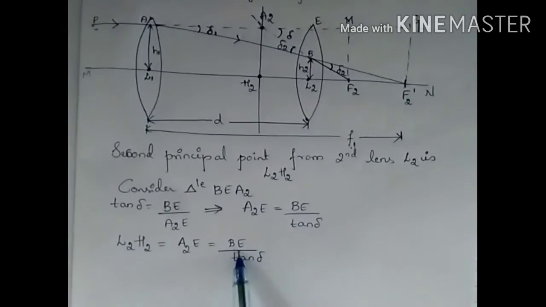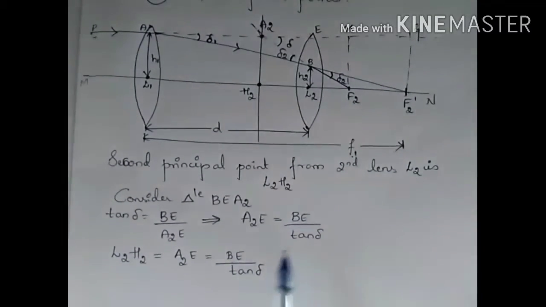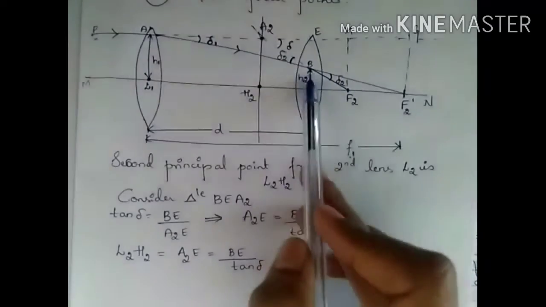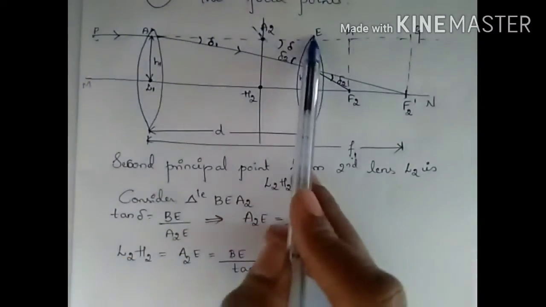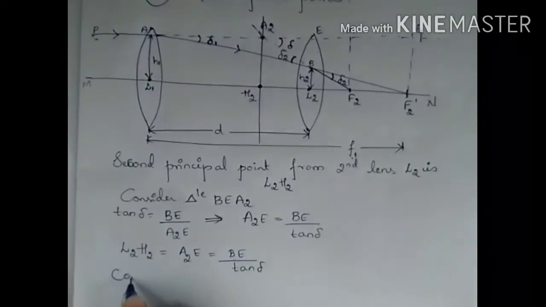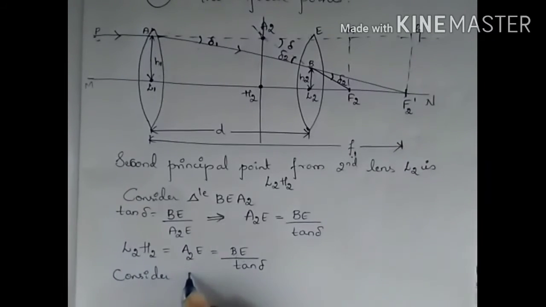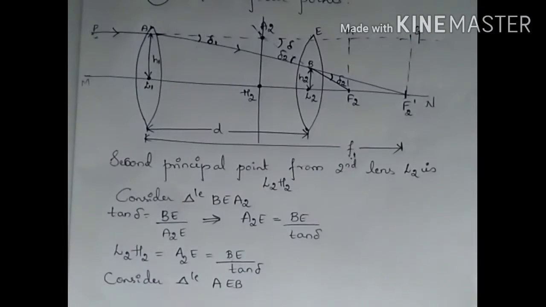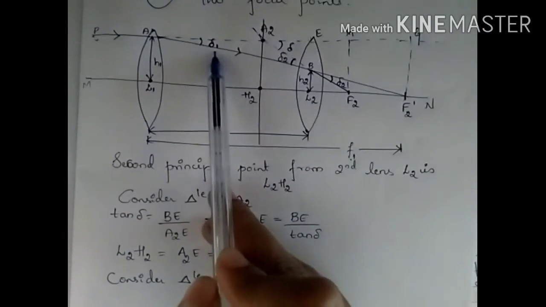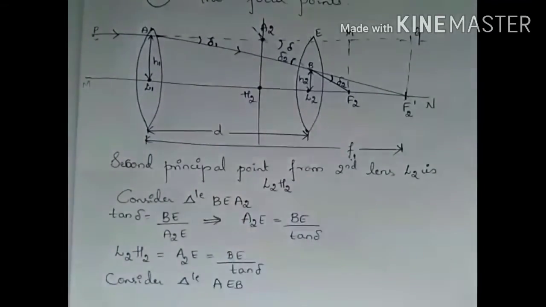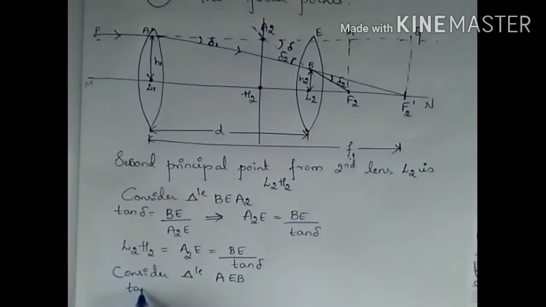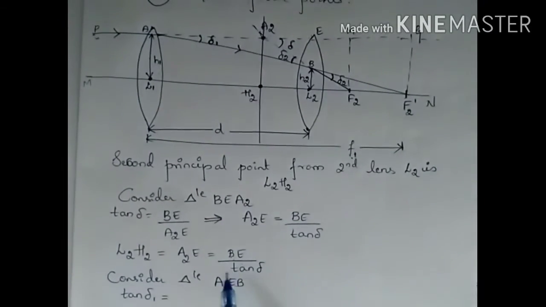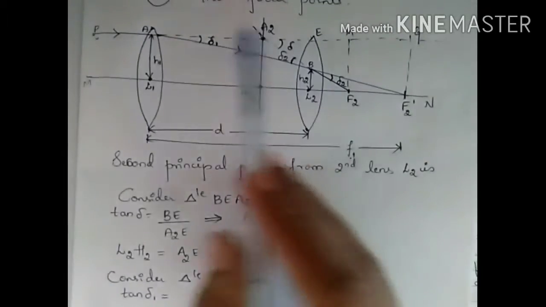So now you have BE here. To know the distance of BE, let us consider the triangle AEB. From that you can write tan of delta 1 will be equal to what? BE divided by AE.